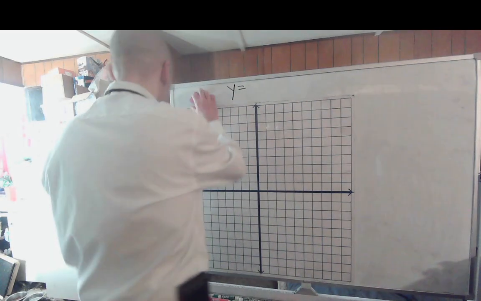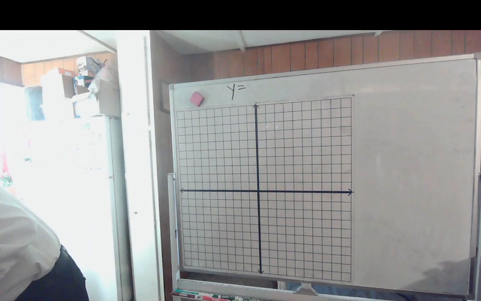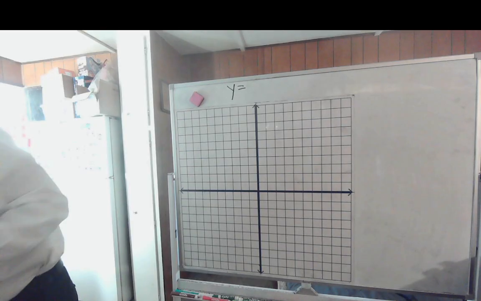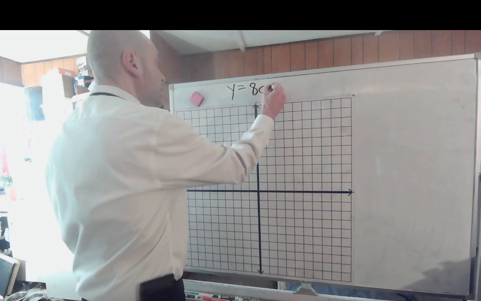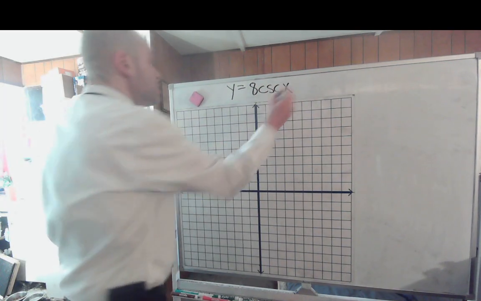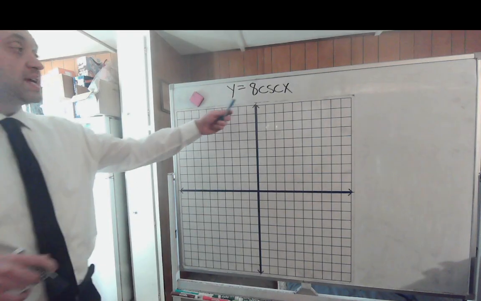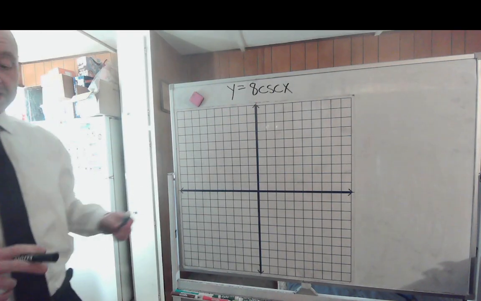All right, what do we got here for a cosecant? Good one. So we have y equals 8 cosecant of x.